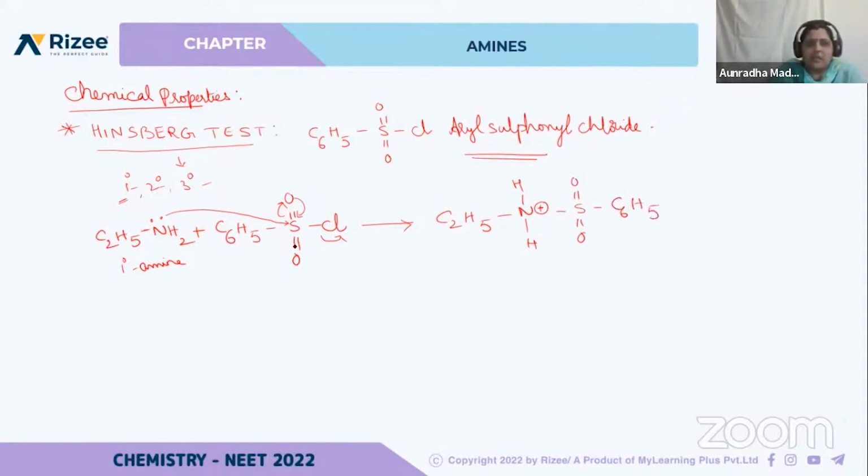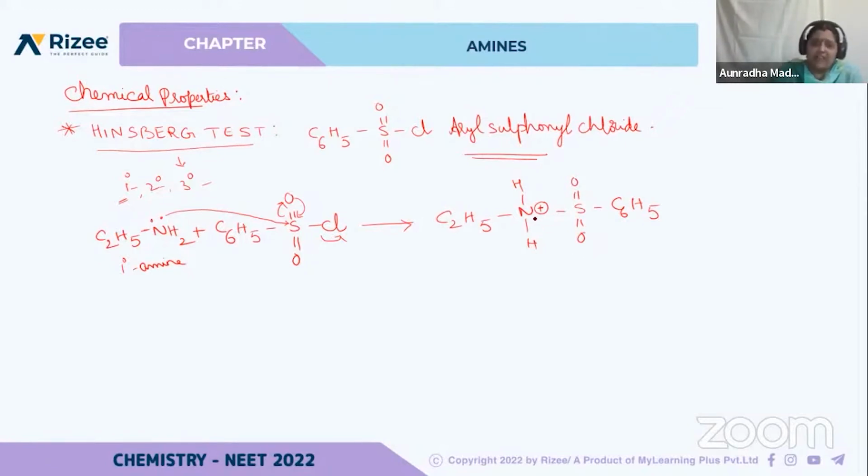As this sulfur is surrounded by oxygen and chlorine, and chlorine is a good leaving group, it goes out, and this oxygen drags the electrons towards itself and again back bonds them. So at this stage, sulfur is partially positive, so it desperately needs electrons. Those electrons are given by this nitrogen having a lone pair, forming such a bond.